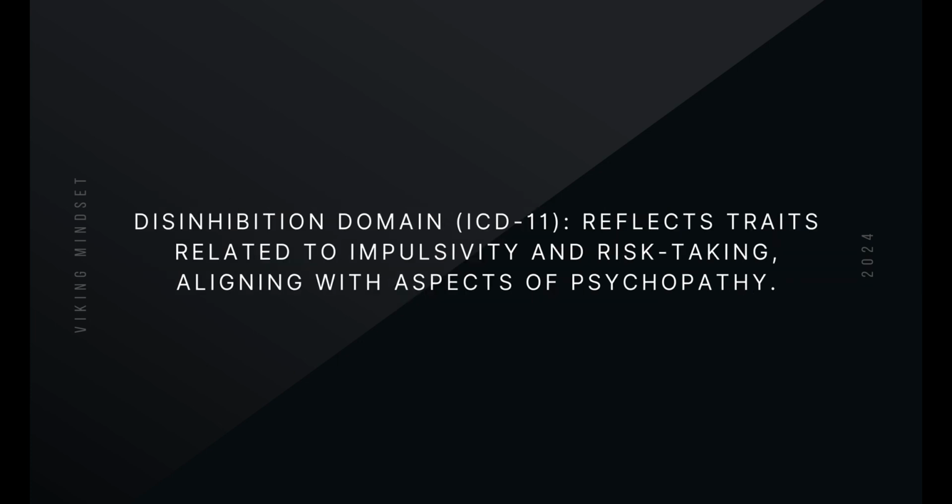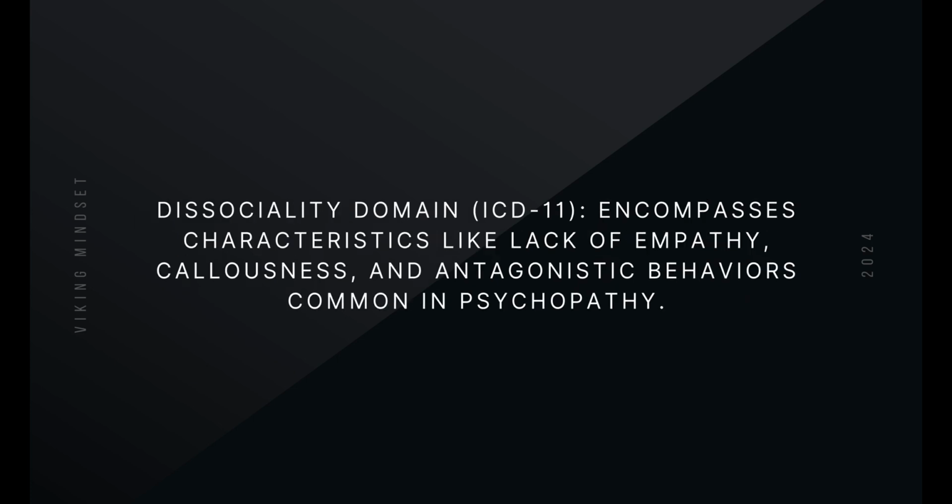The ICD lists a disinhibition domain, and this reflects traits related to impulsivity and risk-taking, aligning with aspects of psychopathy. As far as the dissociality domain, this encompasses characteristics like lack of empathy, callousness, and antagonistic behaviors common in psychopathy.